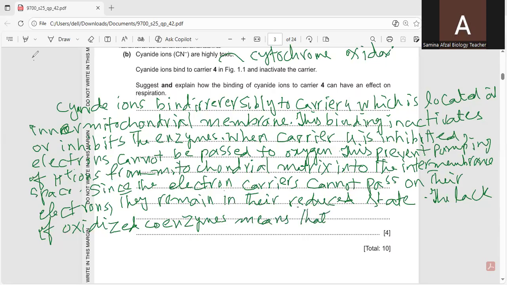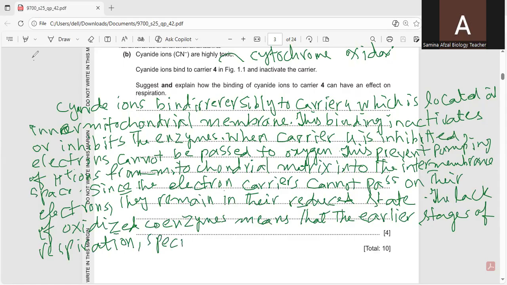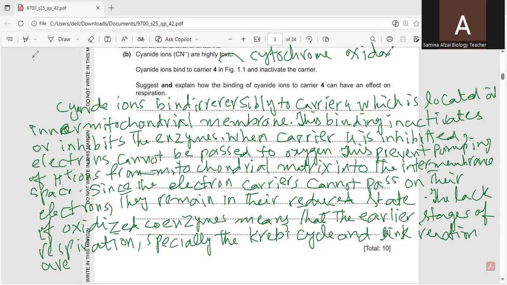This means that the earlier stages of respiration, especially the Krebs cycle and link reaction, are also inhibited.